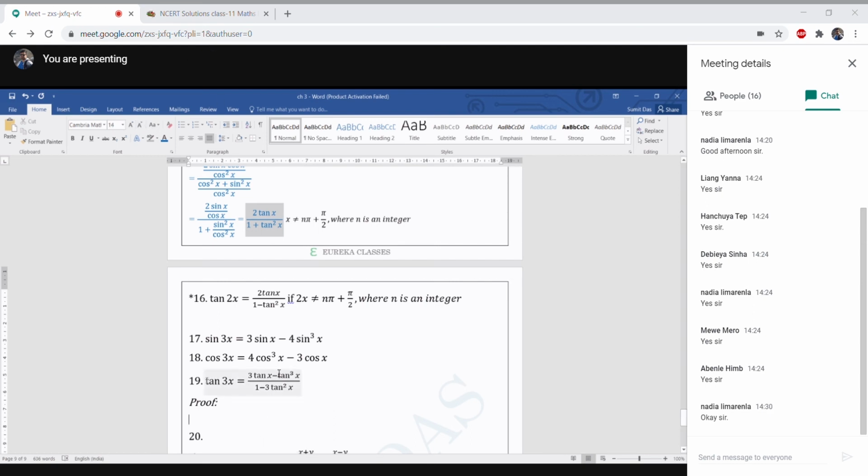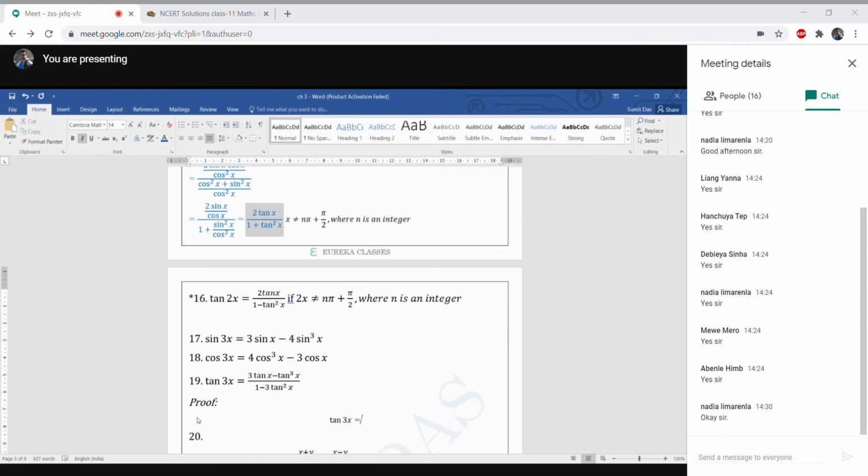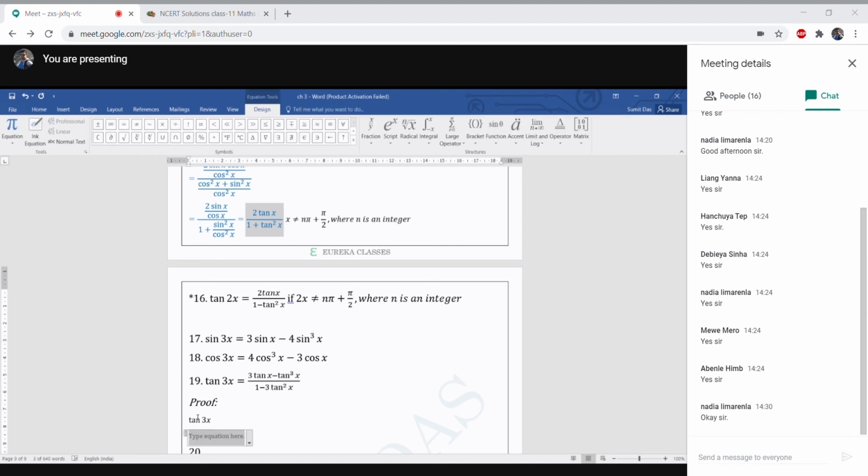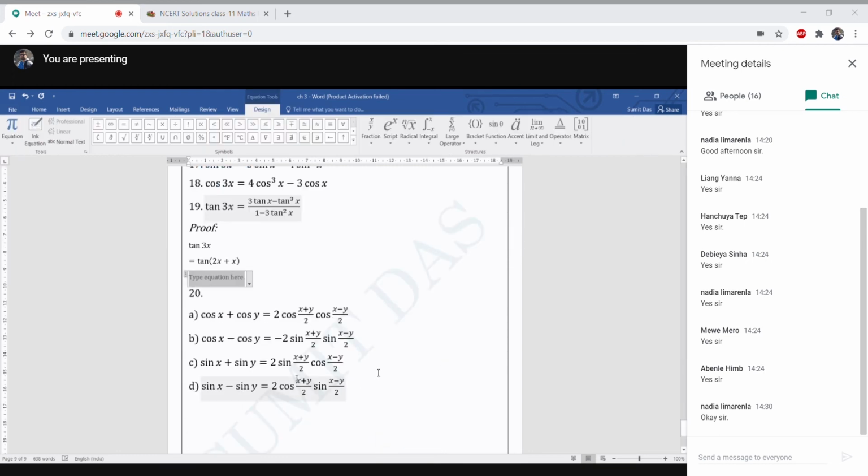So tan 3x is equal to, I can write, tan of 2x plus x, right? So next we'll use the formula.